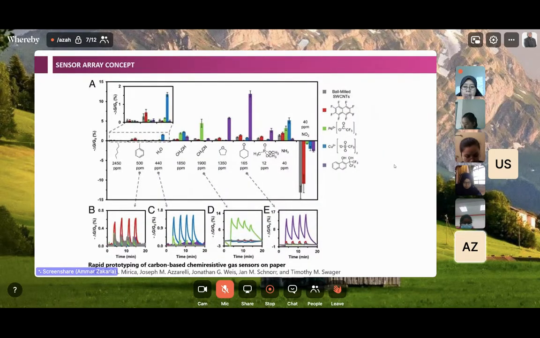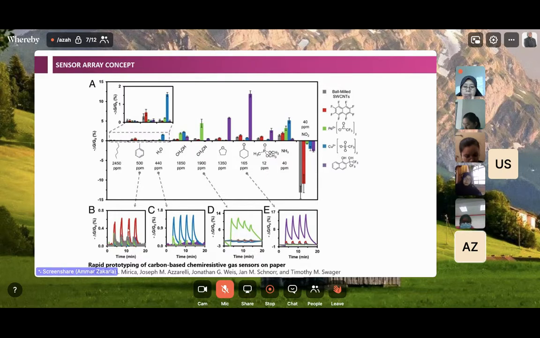Okay, all right. So this is another example, right? If it detects different concentrations of different gases, you will see a different response. With these different responses, you can clearly tell what sort of gases it detects, right?